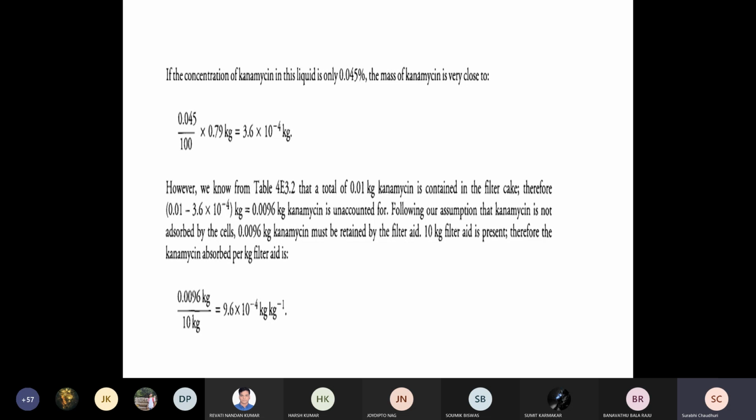Cells are not absorbing. So this entire amount of kanamycin is absorbed by the filter aid. And our 10 kg filter aid is present. Then kanamycin absorbed per kg filter aid is 0.0096 by 10 equal to 9.6 into 10 to the power minus 4 kg per kg.